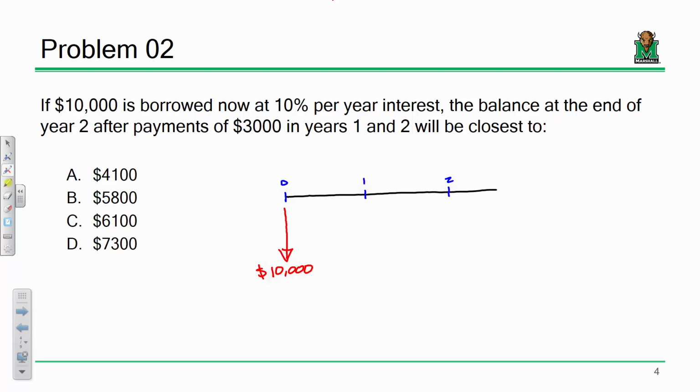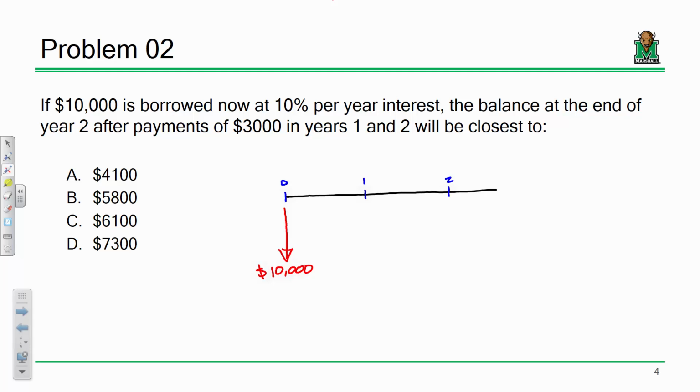So far, so good? Now this is 10% per year interest. So could you move that over to year 2? How would you do that? If we consider this to be now, and this is the future, what would $10,000 now equal in year 2? How would you do that?